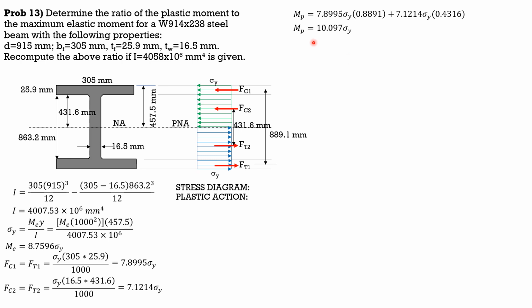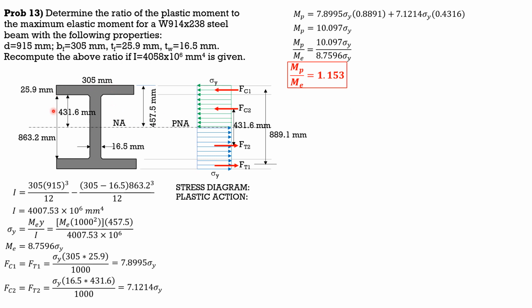Therefore the ratio 10.097 sigma y divided by 8.7596 of sigma y. So the ratio of plastic moment to maximum elastic moment is equal to 1.153.